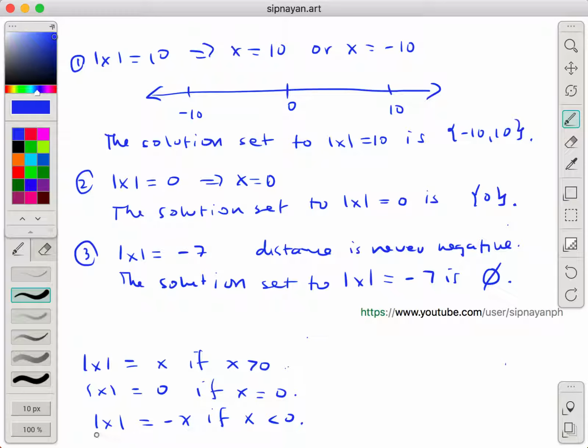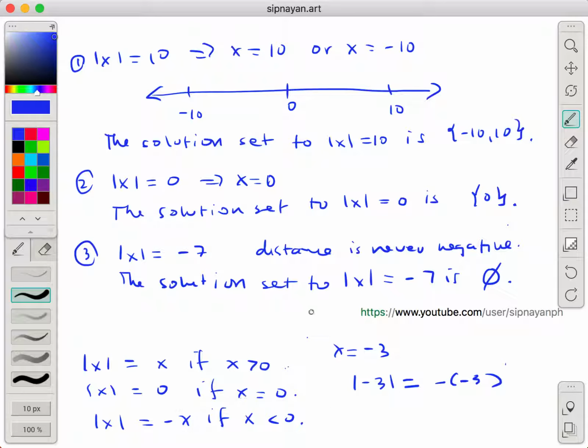Ano ibig sabihin itong negative x? If x is less than 0, meaning pag ang x mo ay negative, parang negative 3. So if x is negative 3, pag nilagay natin siya dito, absolute value of negative 3 is equal to the negative of negative 3. Remember, ang x natin ay negative 3.